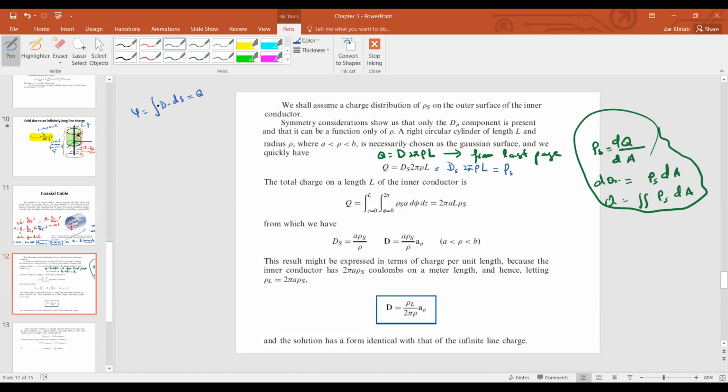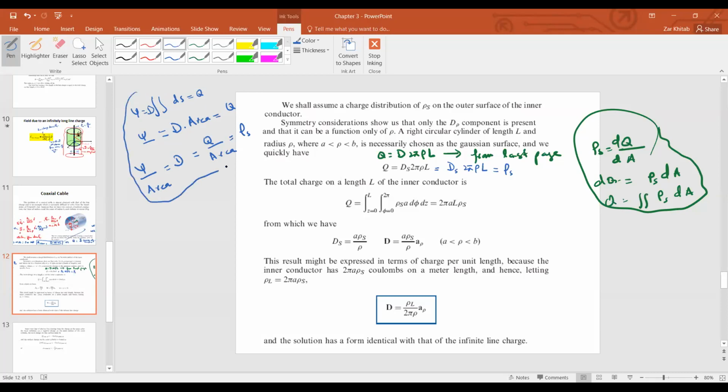So psi equals D dot area, equals the total area if you integrate it. You can safely take D out, and the surface integral of dS, which is the area, equals charge. Or you can say psi divided by area equals D, which is charge divided by area, or rho S, the surface charge density.